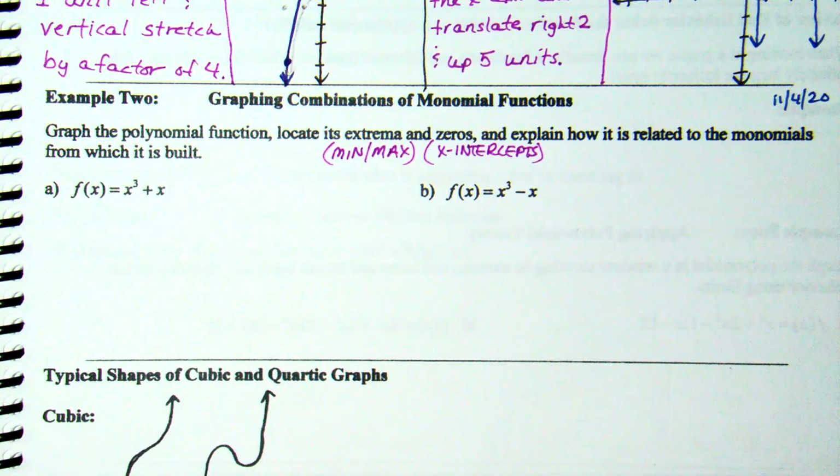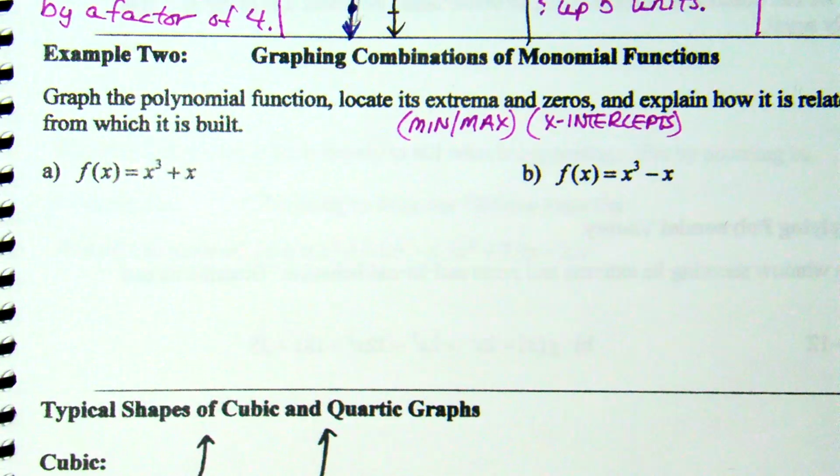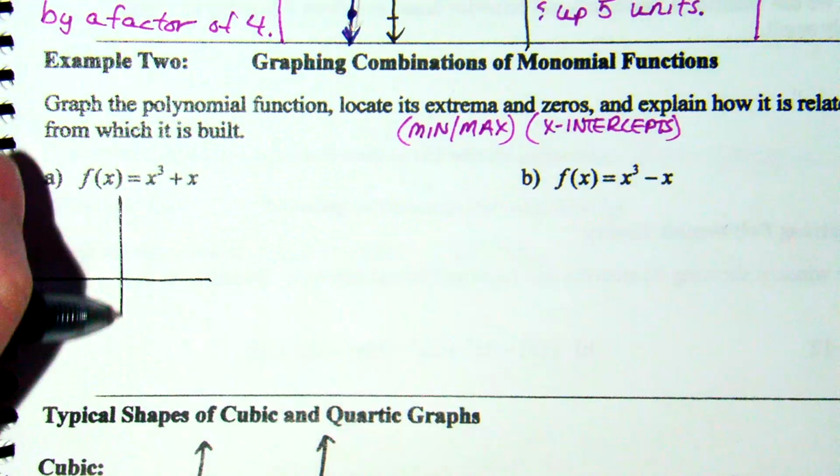Now, as we look at this graph, y equals x cubed is the main thing. Can you guys visualize what a y equals x cubed graph looks like? Yeah, it's going to be that swervy one because it's cubic, one going to the other. Okay. Now the question becomes, what does that plus x do?